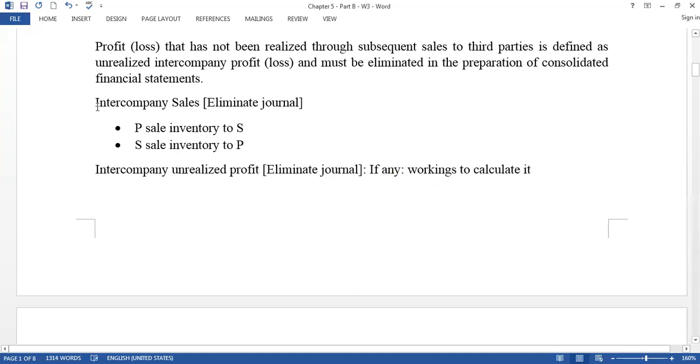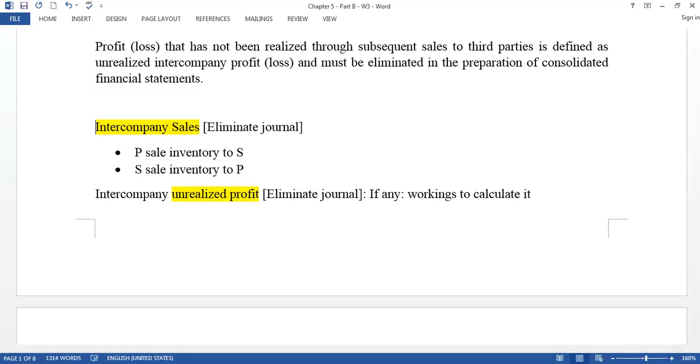So we find that we have two journal entries: one for unrealized profit elimination, another for intercompany sales elimination. These two journal entries are similar for both situations. For example, this is 2019. In this year, journals are similar.